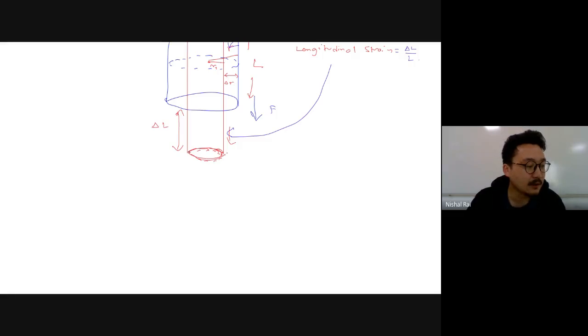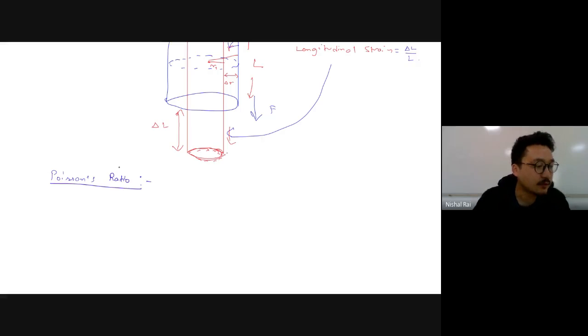Now there is a certain thing which is called Poisson's ratio. Poisson's ratio is defined as a ratio of what?